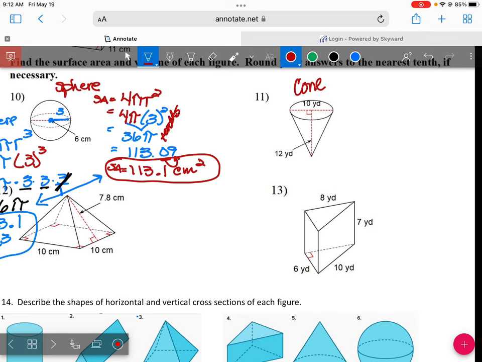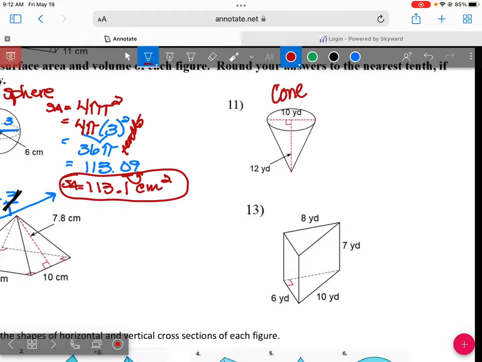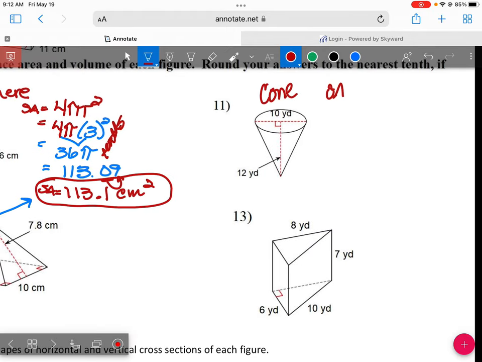Okay. All right. So cone surface area is going to be pi times r times L plus pi r squared, which is my base. Whenever you see pi, what kind of figure are we talking about?